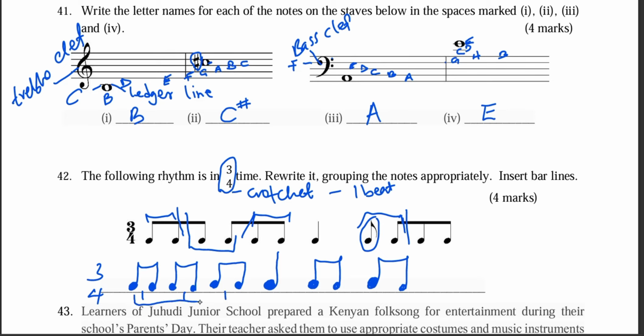So these ones are 3. So we insert a bar line. Then we have 1, 1, and 1. We insert a bar line. And at the end, we should always have a double bar line. So that's what you should have done in this question.